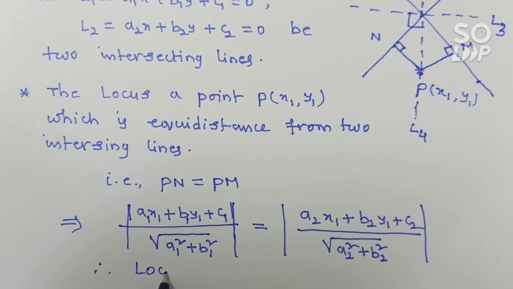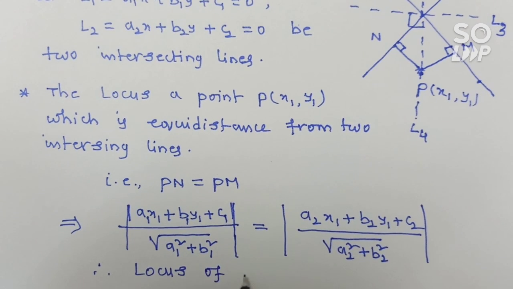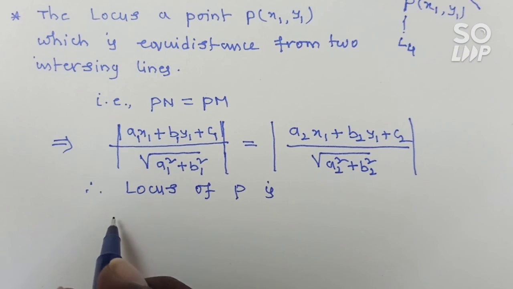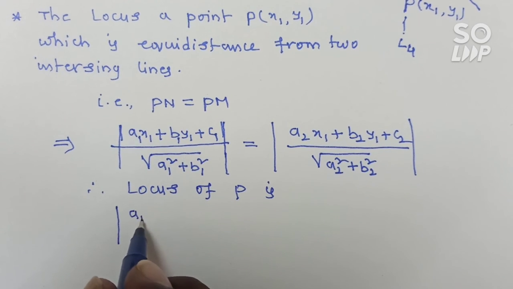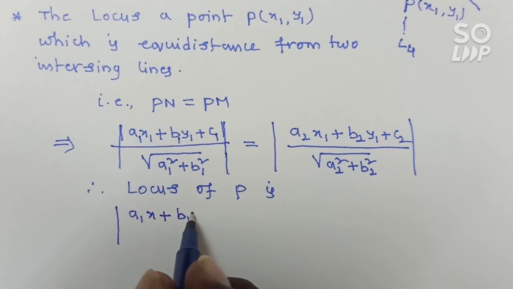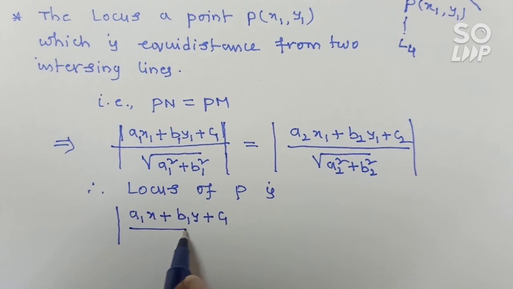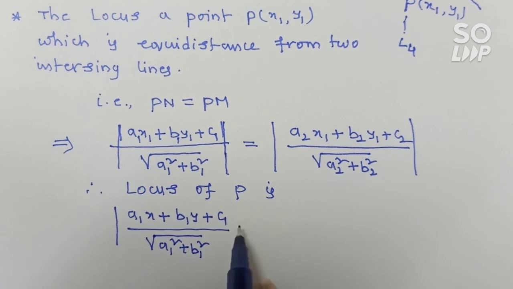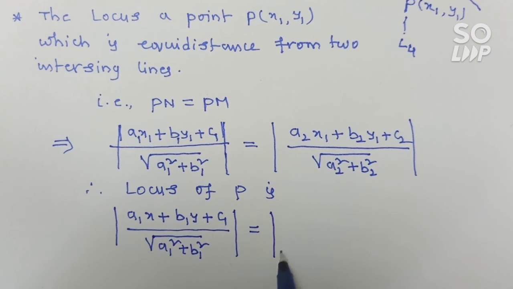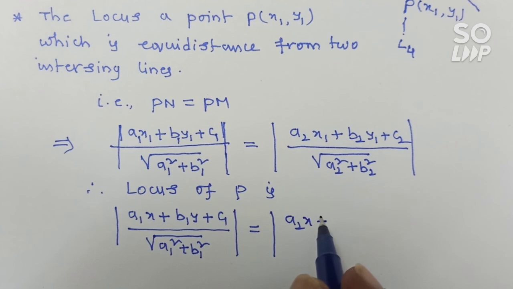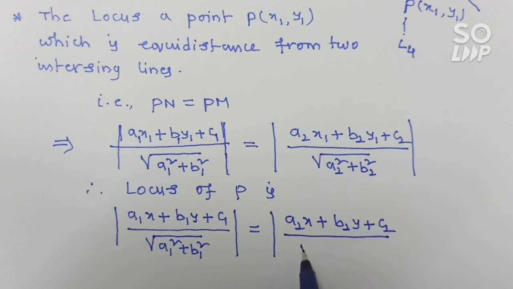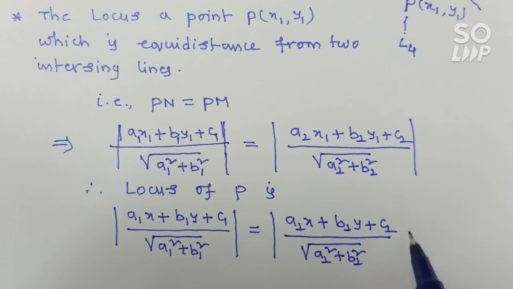So the locus of P is modulus of a1 x plus b1 y plus c1, whole divided by root of a1 square plus b1 square, equal to modulus of a2 x plus b2 y plus c2, whole divided by root of a2 square plus b2 square.